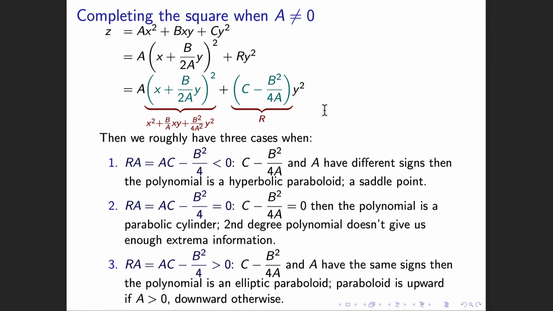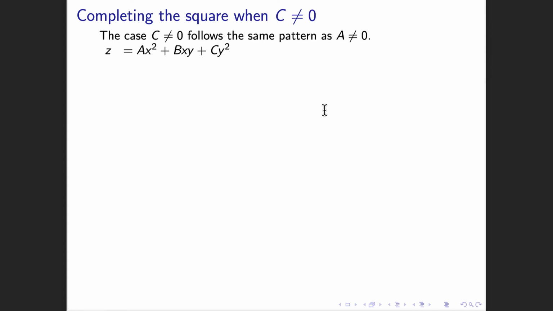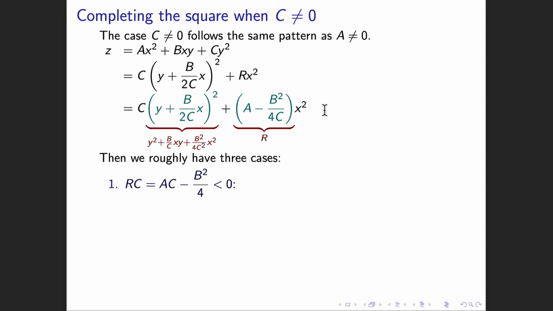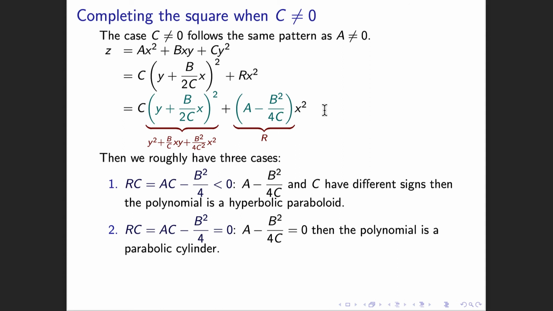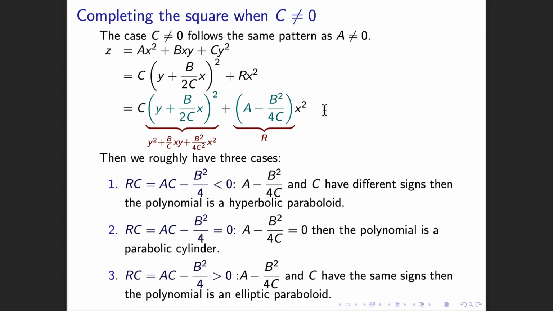Now, we did all this with A not equal to 0. What's going to happen with C not equal to 0? Symmetrically, we do the completing the square and we get the same cases. We again get either a hyperbolic paraboloid, or a case that we cannot recognize because the second derivative test is going to fail, and we can also get either an elliptic paraboloid looking upward or an elliptic paraboloid looking downward.